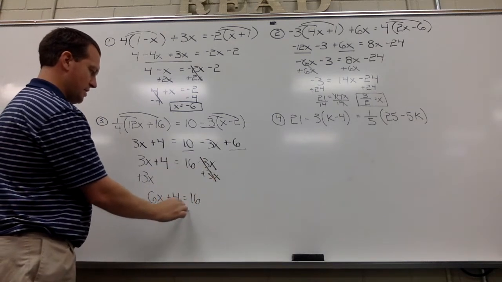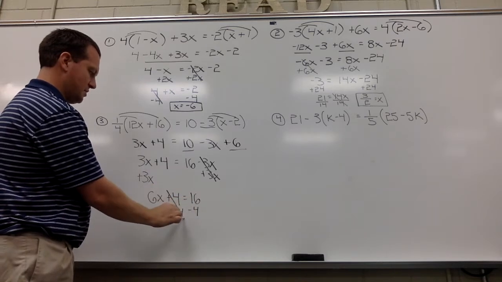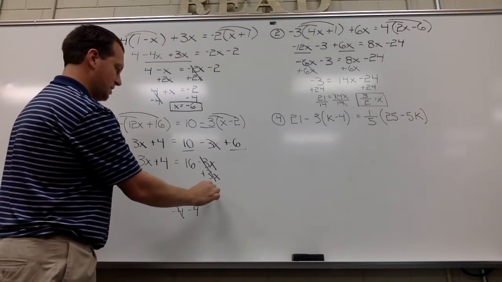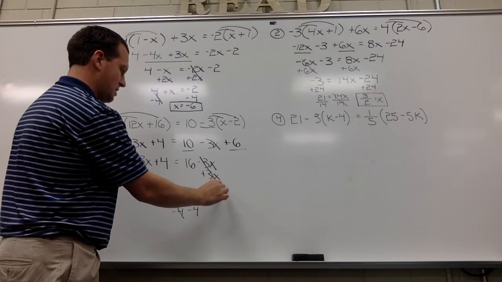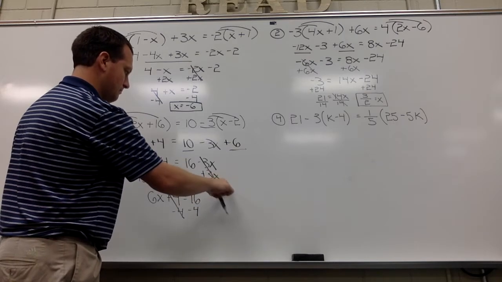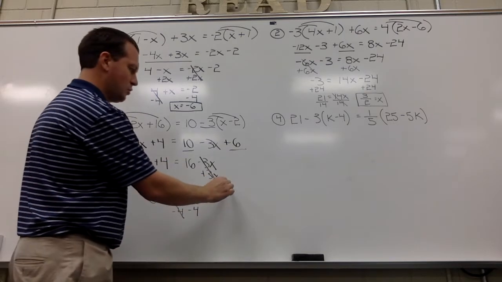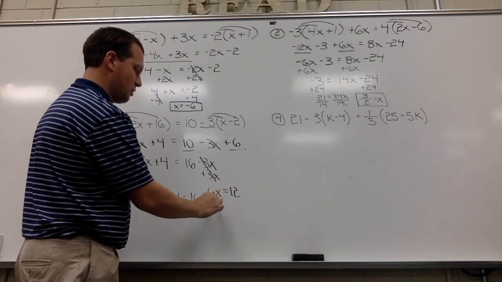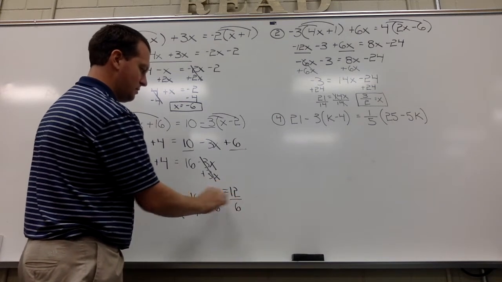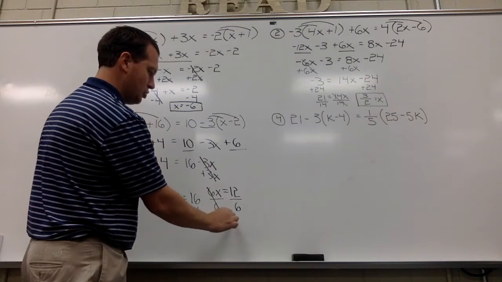Minus 4, minus 4. I'll have 6x will equal 16 minus 4 will be 12. 6x equals 12, divide by 6, we'll have x is 2.